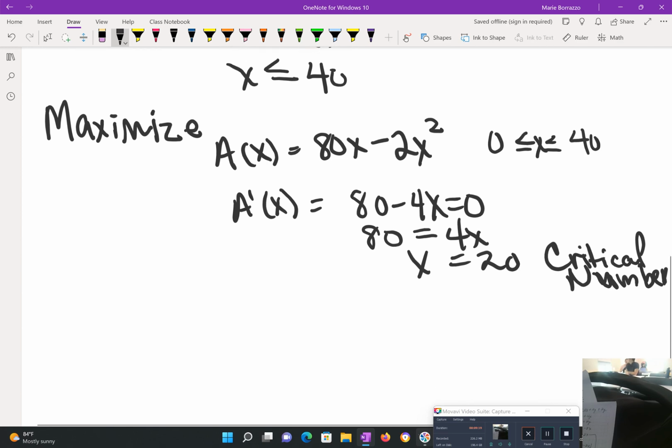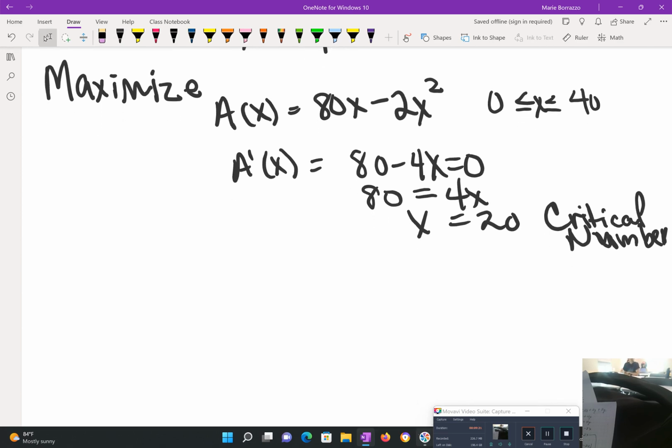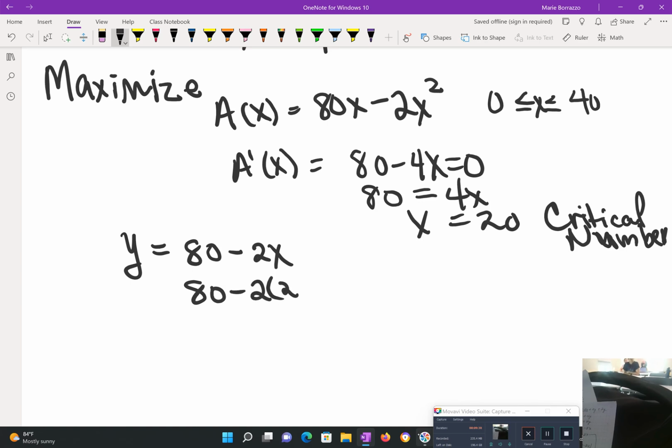All right, and so in this case, with y equal to 80 minus 2x, where x is 20, our value 80 minus 2 times 20 means that value will be 40.